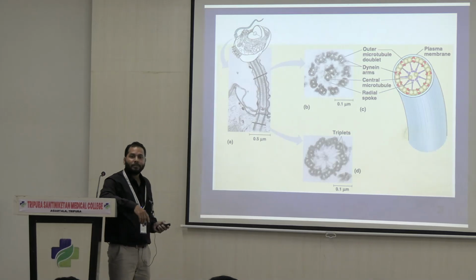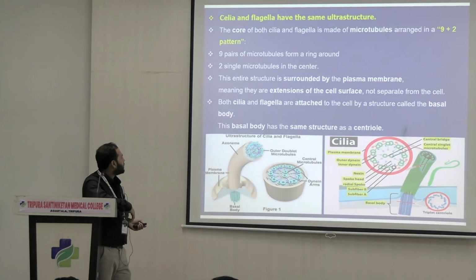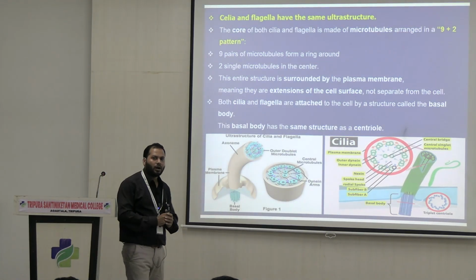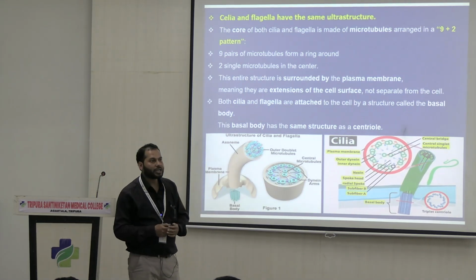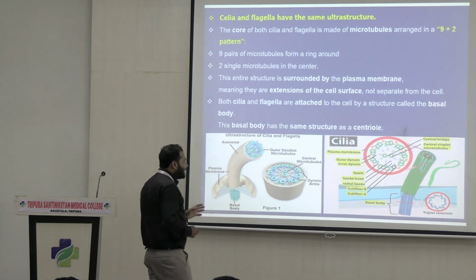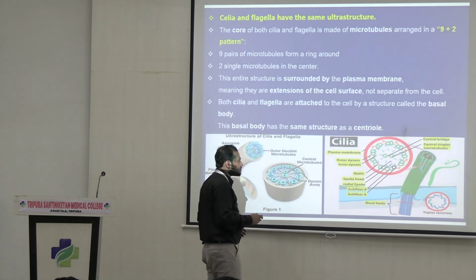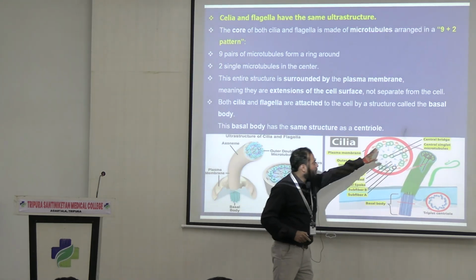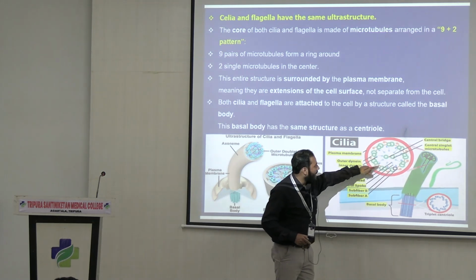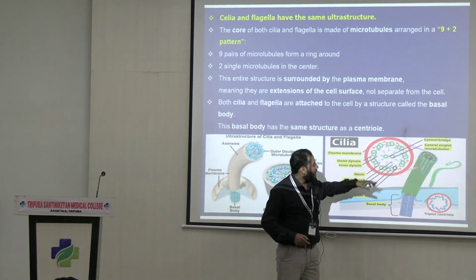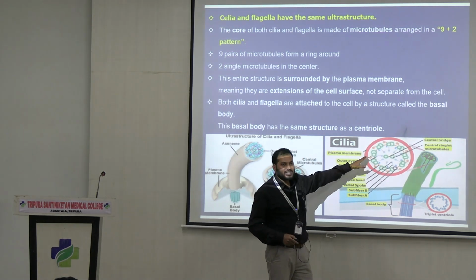Now see what is the exact arrangement of the microtubules in ciliary structures. In ciliary structures, you can see there are a number of doublet microtubules.